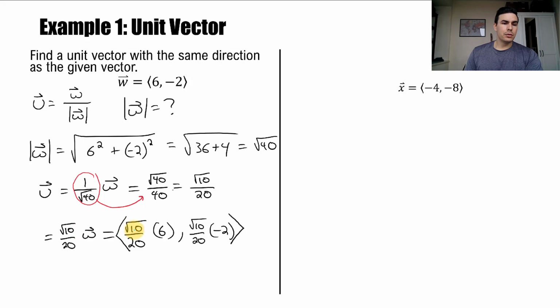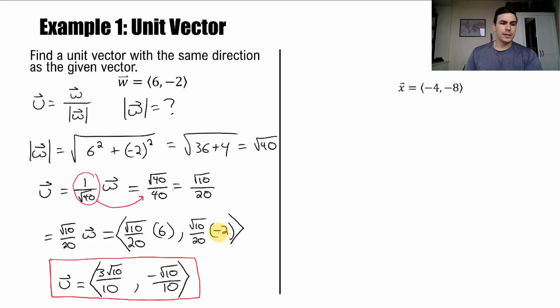That's going to equal root 10 over 20 times 6, and root 10 over 20 times negative 2, and that's going to simplify here. This would be our unit vector for vector w. All right, so that is the process of finding our unit vector. Go ahead and see if you can pause the video and find the unit vector for x.